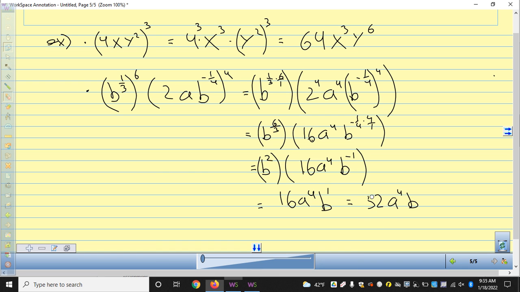And I need a 16 here. Because here we have b squared times b to the negative 1, so we add the exponents. 2 plus negative 1 is just 1. That was a good question. All right, other questions?